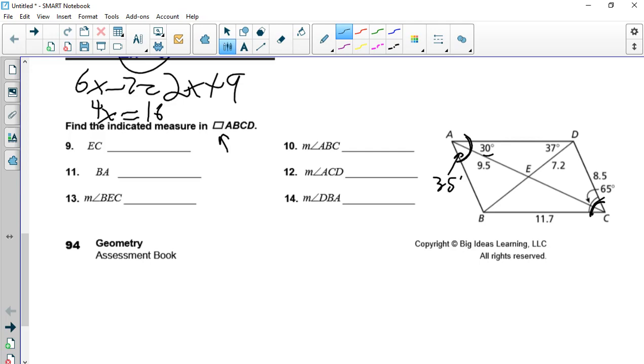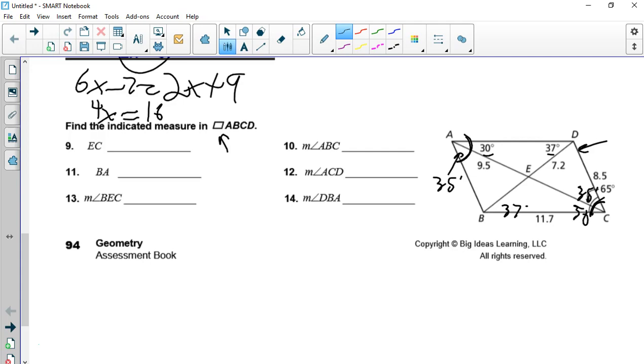Now, I can do alternate interior angles. This is 30. This is 35. Alright? Now, up here we have 37, so alternate interior angles, 37 right here. Now, to fill in the other missing angle, right here, we're going to do a little bit of math.